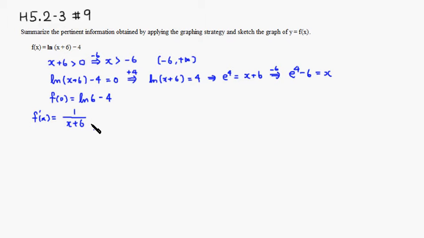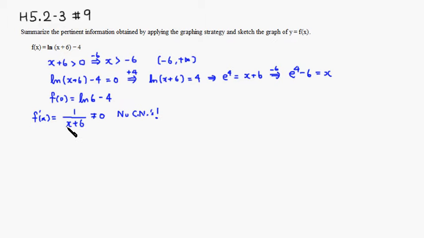This is never 0, so we cannot get a critical number that way. Negative 6 would make this undefined, but negative 6 is not in the domain. So you have no critical numbers.